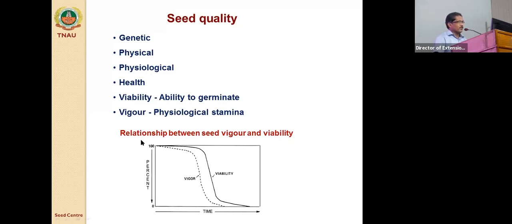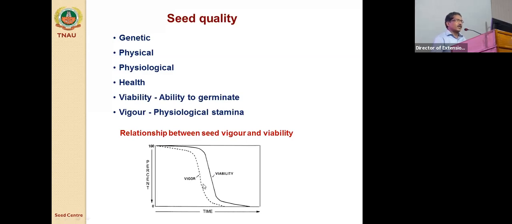But before going to the improvement of vigor and viability through different methods, we have to learn about the vigor and viability pattern. The decline in vigor is much faster than the loss in viability. This means normally we test viability only in terms of germination percentage, but we don't bother about vigor.